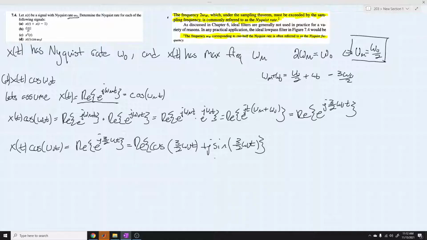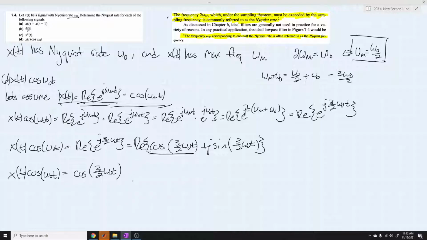Now, the sine function is being multiplied by j, which is the imaginary number, and here's our real part, the cosine, right? So our final statement, using this assumption right here, which is perfectly fine, is that x of t times cosine of omega sub naught of t is equal to cosine of 3 over 2 omega sub naught of t.